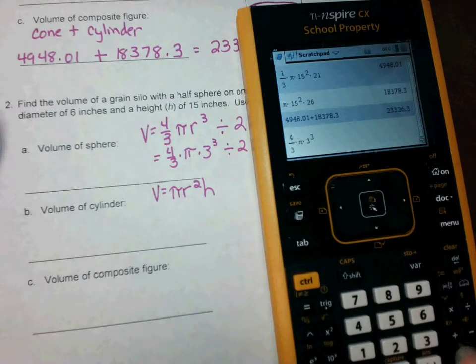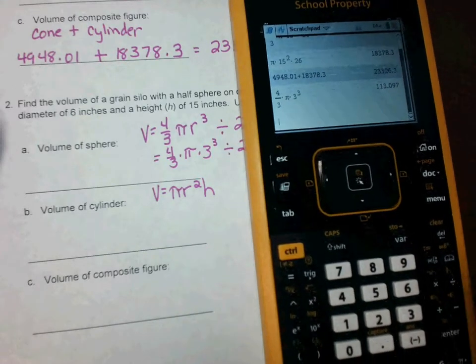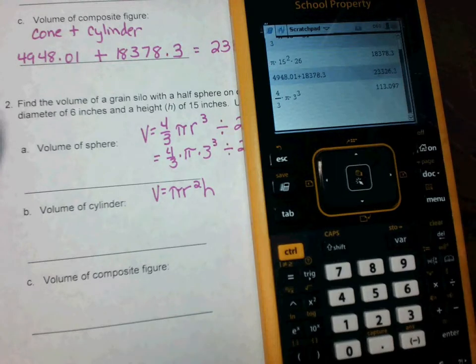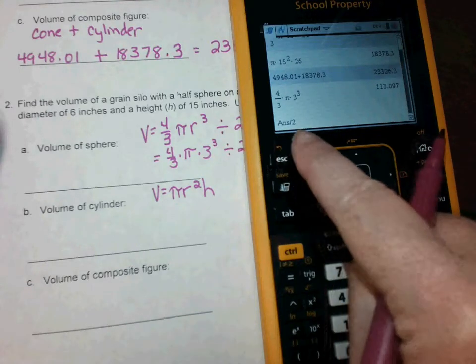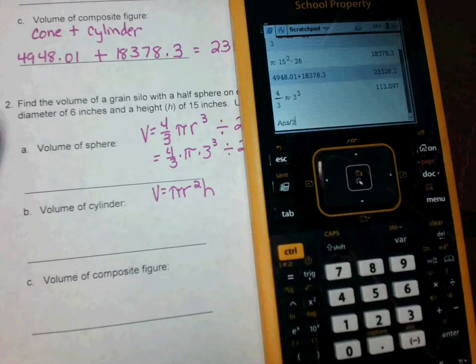I'm going to hit enter and I get this. Now I just need to divide by 2. I don't need to retype this. I'm going to hit the divide key by 2. See, it says answer divided by 2.